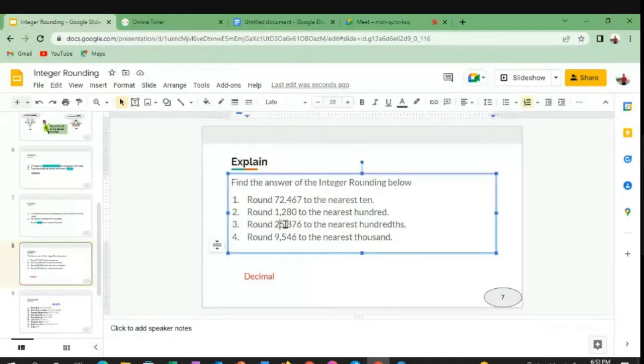So this is a decimal number. In an integer number, from the decimal point we count from right to left.